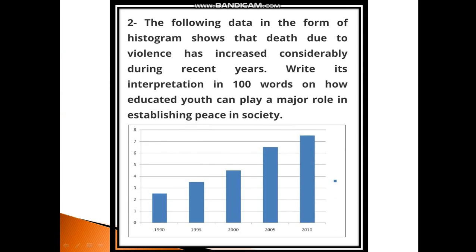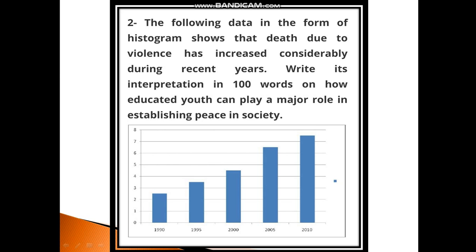Now here's one more sample analytical paragraph. The following data in the form of histogram shows that death due to violence has increased considerably during recent years. Write its interpretation in 100 words on how educated youth can play a major role in establishing peace in society.